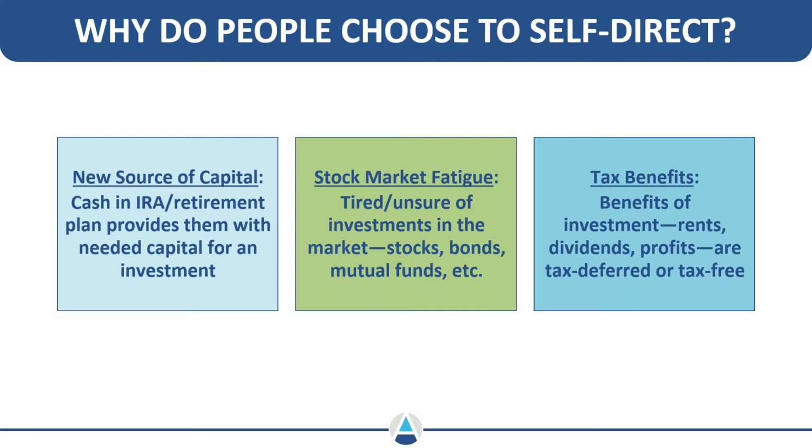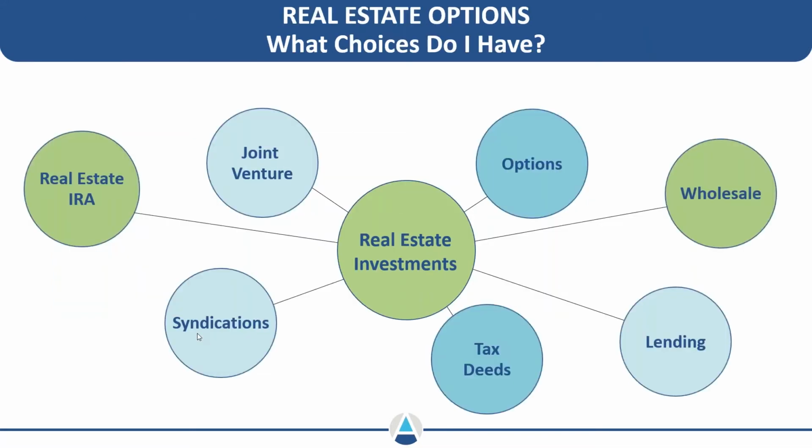You can drive by it, look at it, see it. It's still going to be there. So even if the real estate market values go down, it's still an asset that's tangible that you have in a retirement account. And then, of course, the tax benefits. So making those investments and having those investments grow tax deferred or tax free, depending on the type of retirement account that you have.